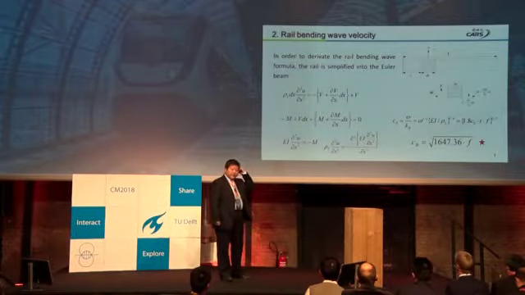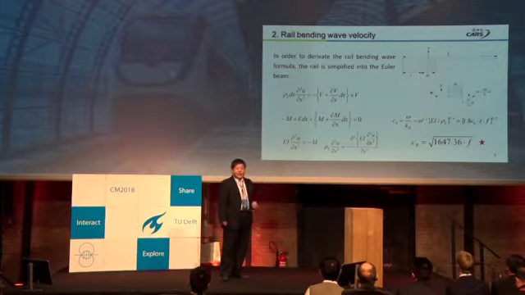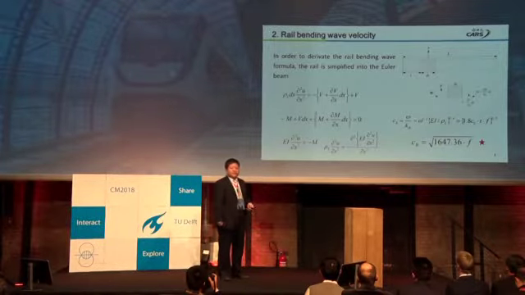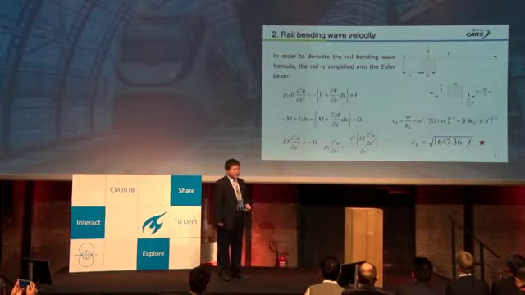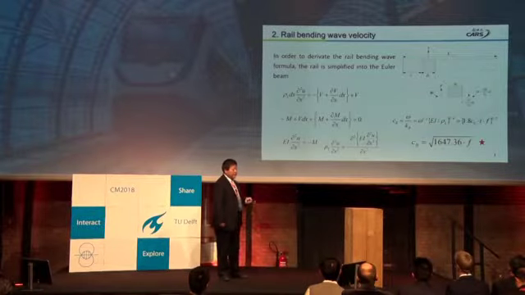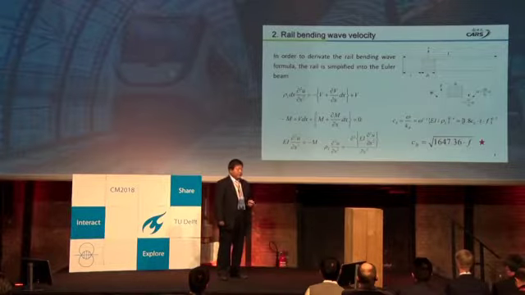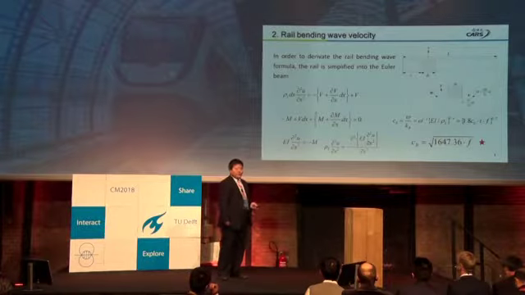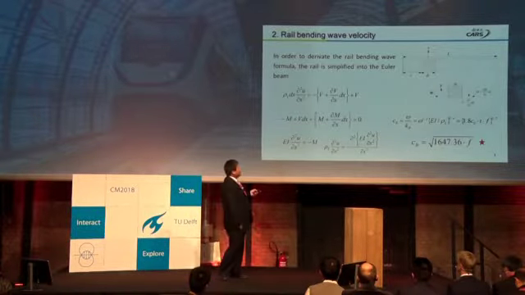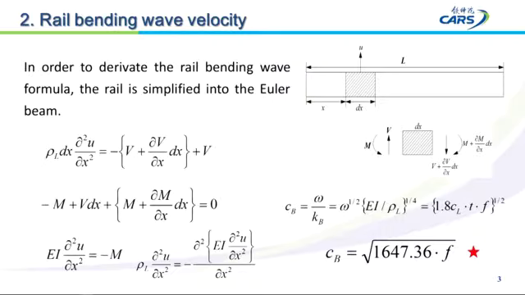There are 2 important waves in noise and vibration: the longitudinal wave and the bending wave. In order to get the rail bending wave formula, the rail is simplified into an Euler beam, and this picture shows the vibration mechanism of the rail element.